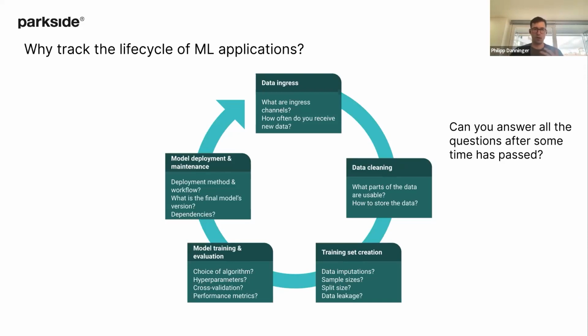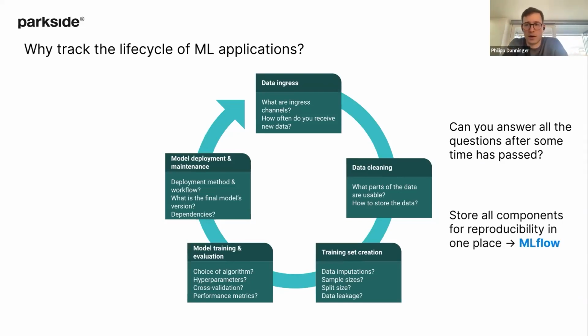So to remember all the different steps, what did I do, with what kind of data did I train this model, this algorithm, with what kind of hyperparameters? And to answer these questions, this is where MLflow comes into place, where you then decide what kind of components you want to store or you want to track and record to facilitate not just the reproducibility, but also the deployment of your models.